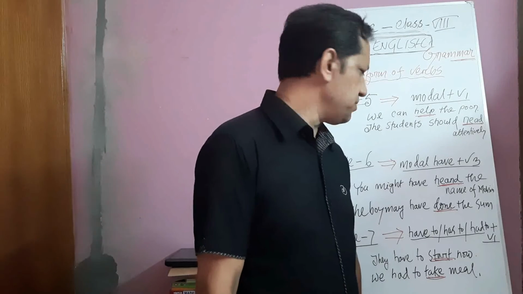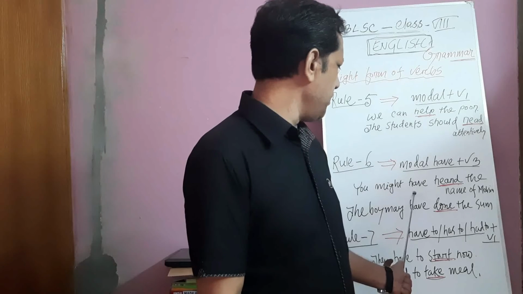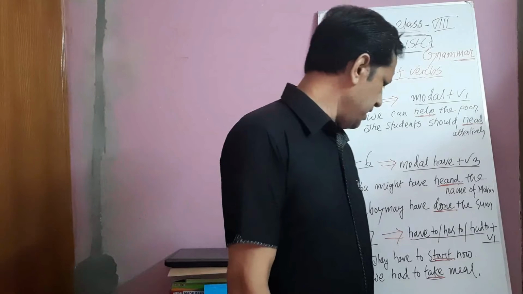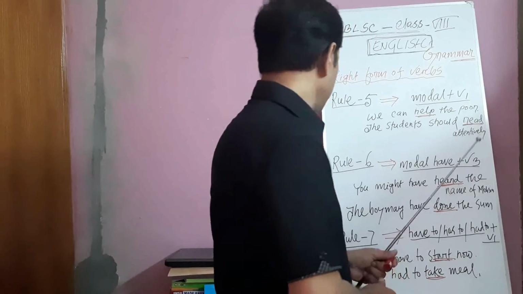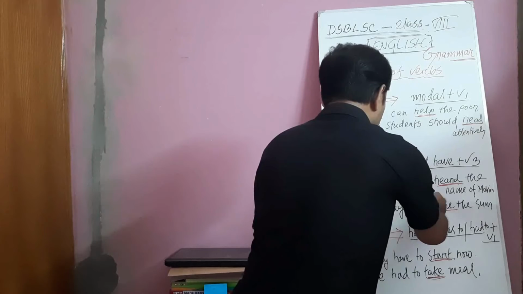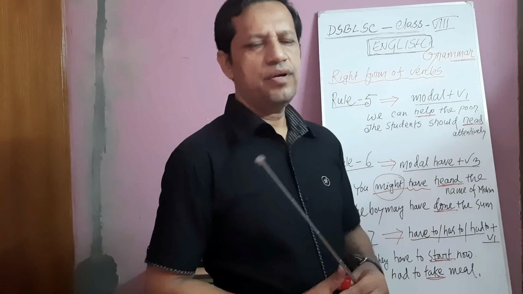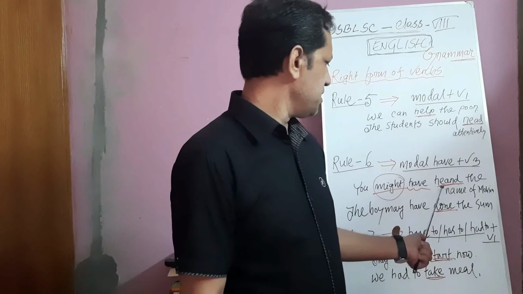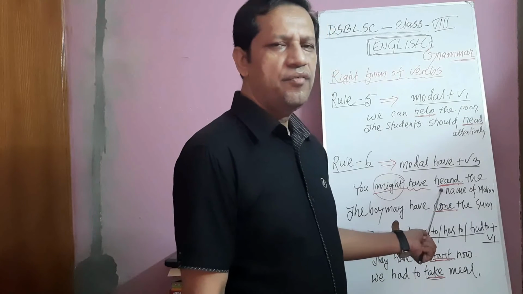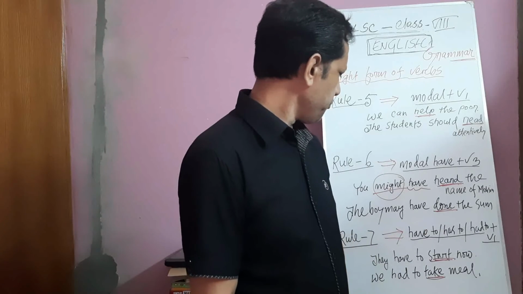Here you might have heard the word might. Here you can see that might is a modal, and with this modal we have might have, and after might have, you can see that the main verb is in the V3 form or past participle form.